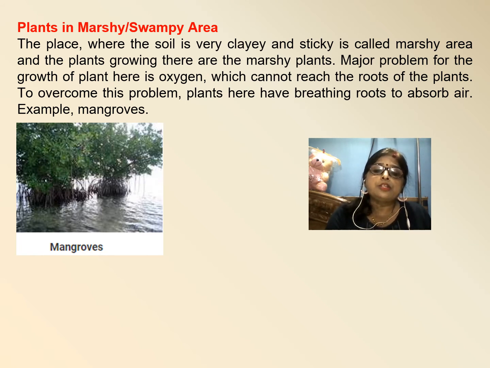Due to scarcity of oxygen under the soil, to overcome this problem, the roots come out and take the oxygen from the environment. Such types of roots are called breathing roots. Plants here have breathing roots to absorb air. Example is mangroves.